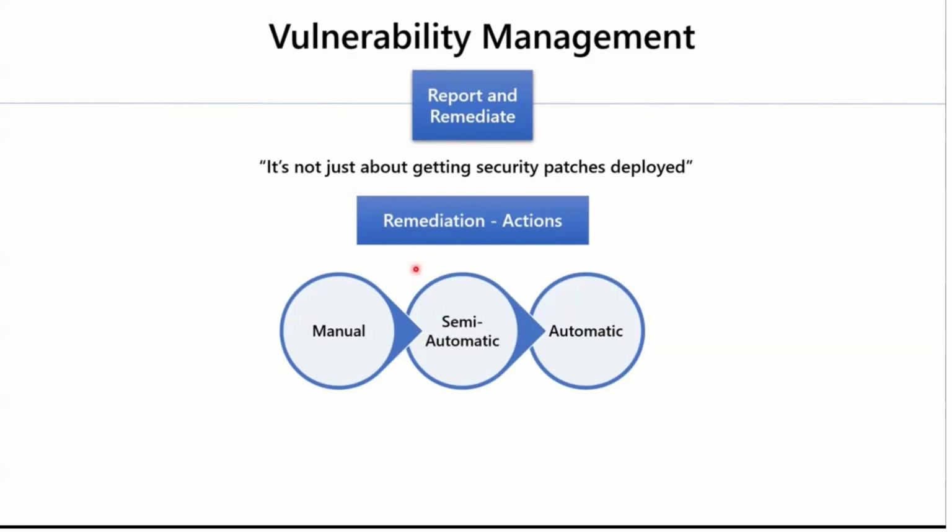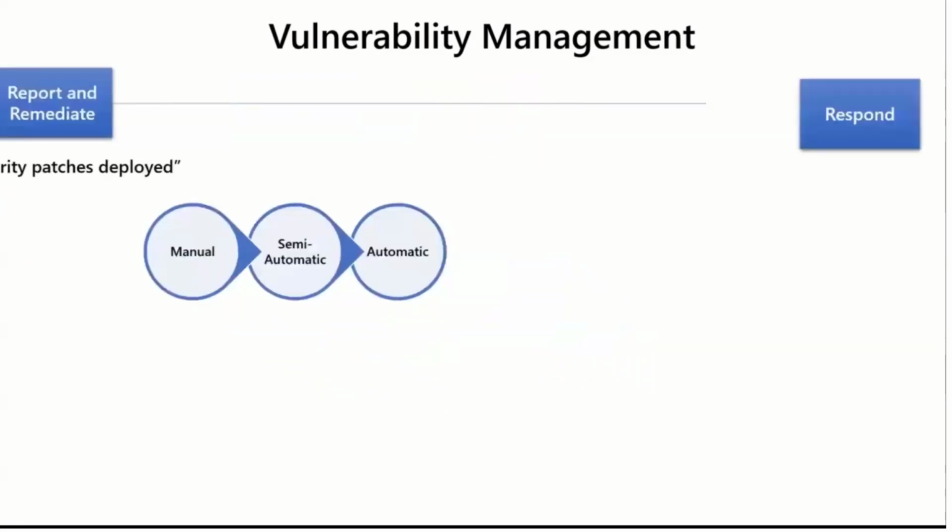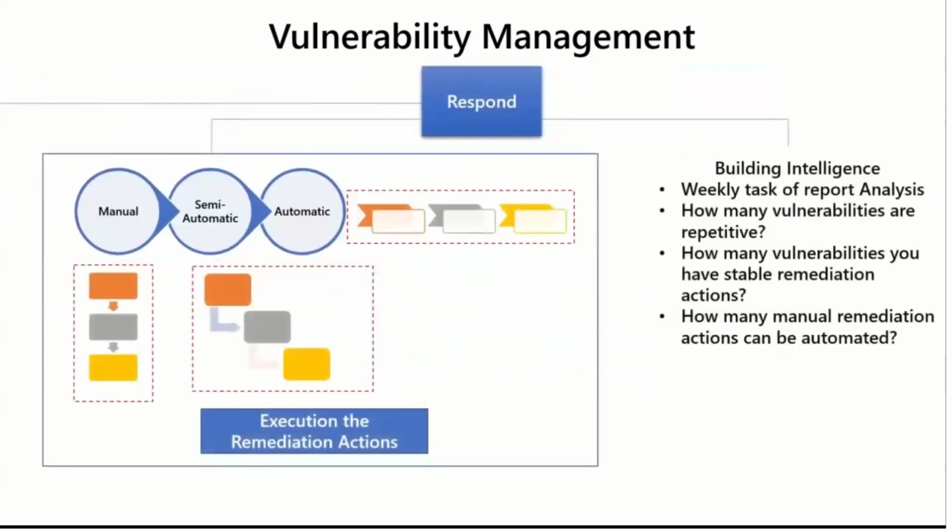If some part is manual and some part is automatic, it's our responsibility to make a complete seamless model taking input from multiple SOC solutions and giving the output of the SOC solution to your ITSM, the IT service management tool, and then take action. So how are you going to respond?